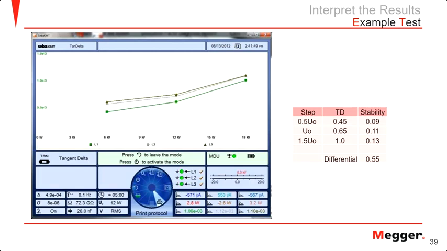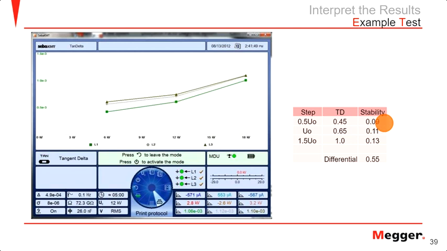You have your steps right here: 0.5 U naught, 1 times U naught, and 1.5 times U naught. This is your tan delta reading: 0.45, 0.65, and 1.0. As you see, it's climbing with the voltage. And this is your stability criteria.